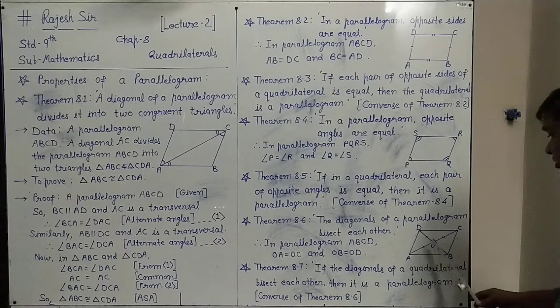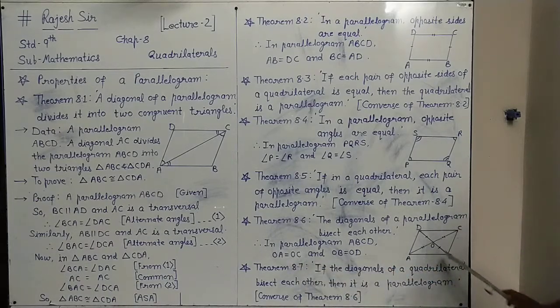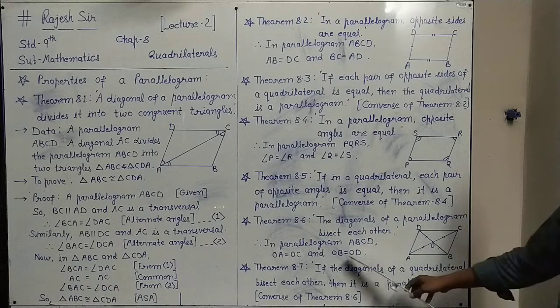That means this diagonal AC is bisected, so OA equals OC, and this diagonal BD is also bisected, so the halves are equal, OB equals OD.